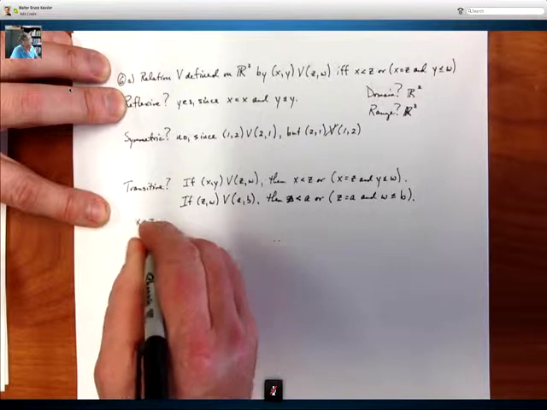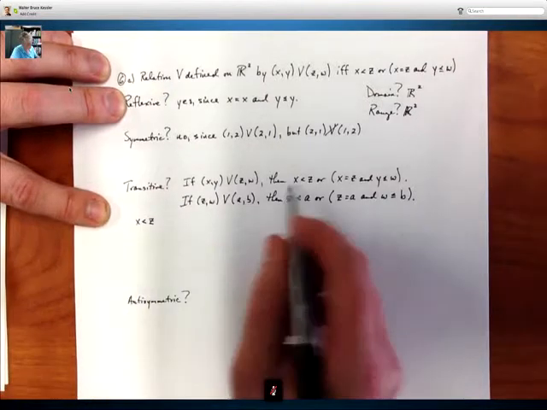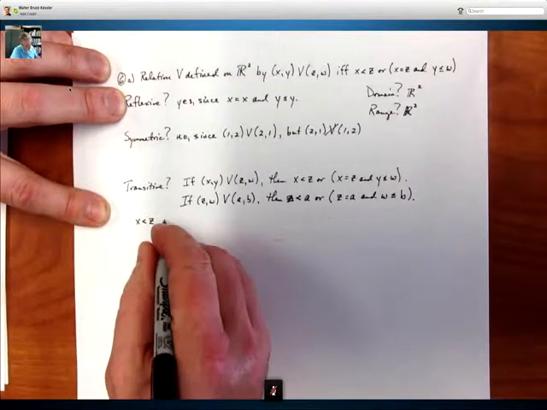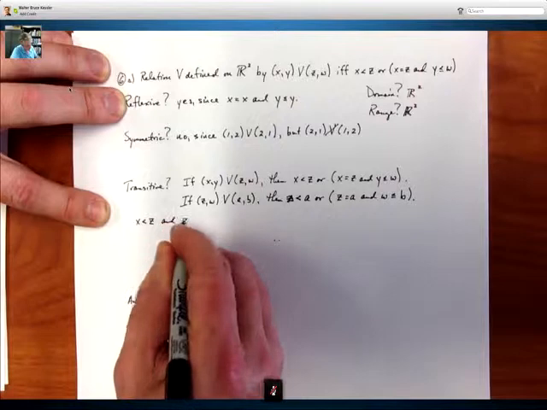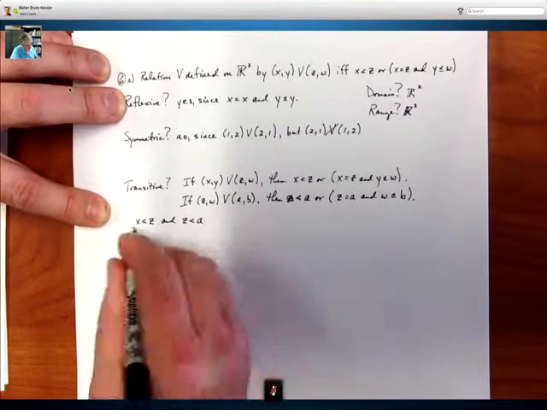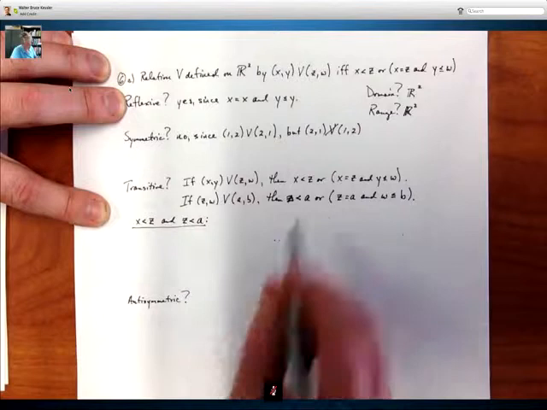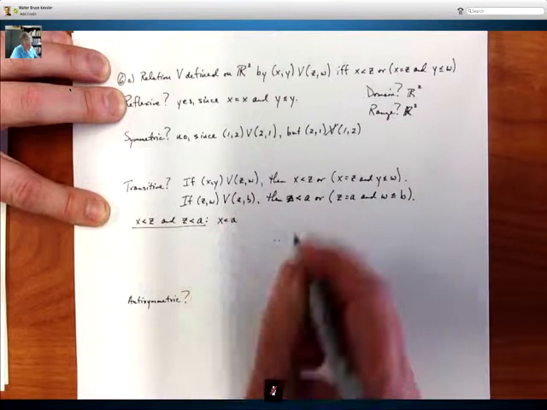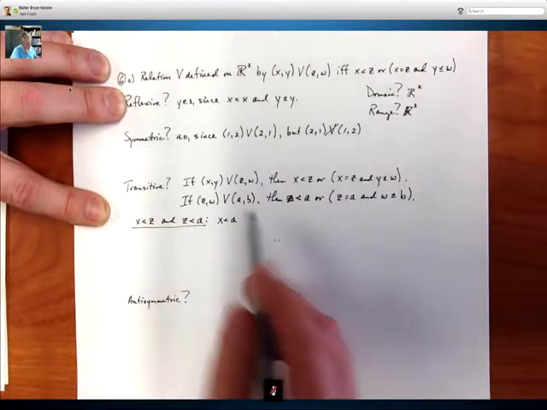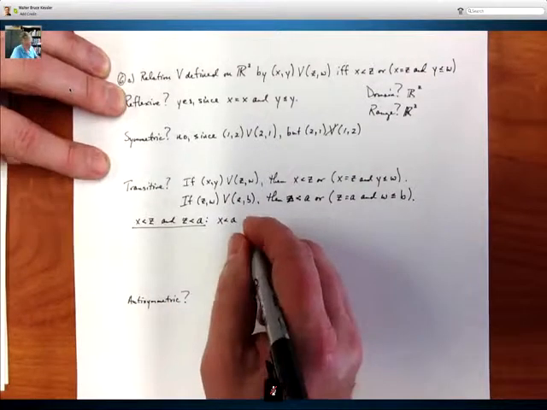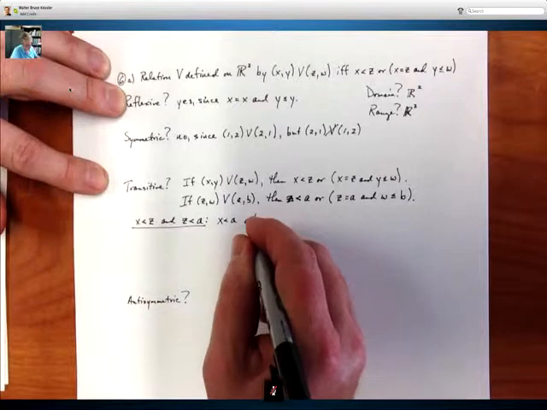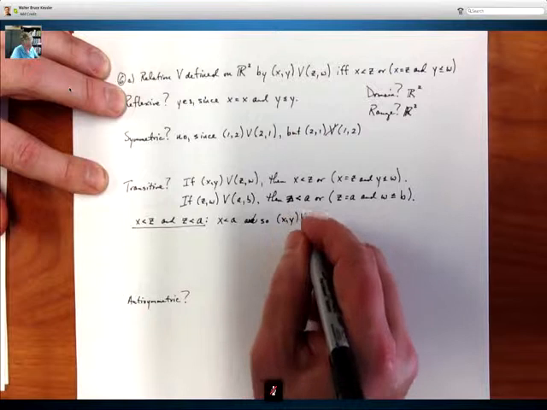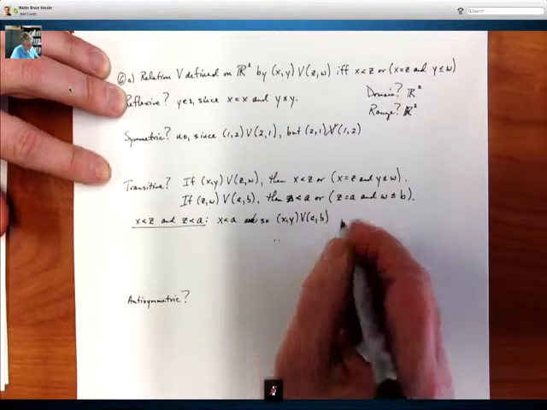I could have the case where x is less than z holds. One of the two has to hold in each of these cases. So this happens and z is less than a. That's the first case that I'm going to look at. Well, in that case, x would be less than a, and that would be enough to say that xy would be related to ab.